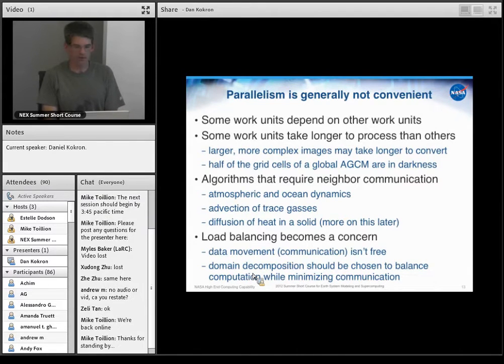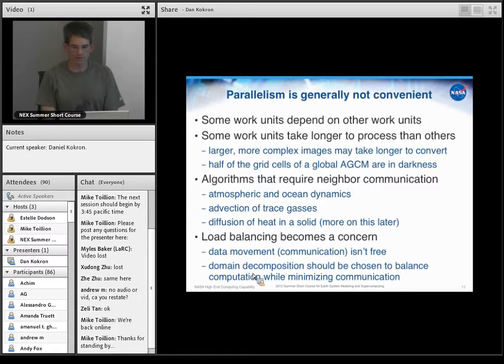Algorithms that require neighbor communication are less than convenient, because at every time step you have to share information on the boundary between processes. Johnny went over sends and receives yesterday, and I'll have an example of that later. Atmospheric and ocean dynamics, where you have fluid or other stuff moving from cell to cell, need communication to make sure everything is accounted for and you're not losing either mass or energy.